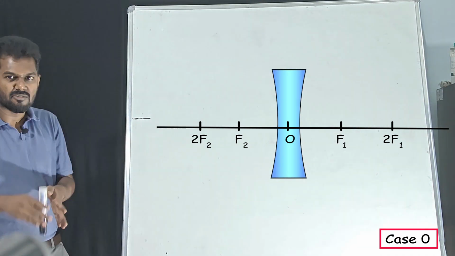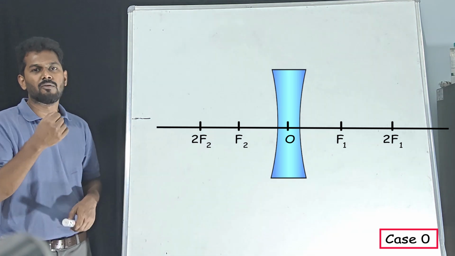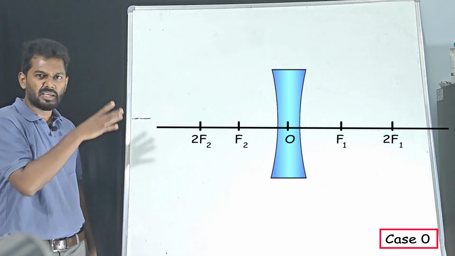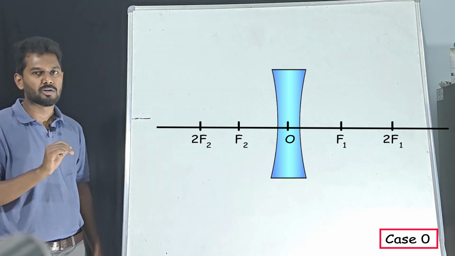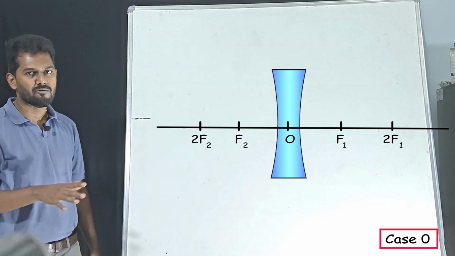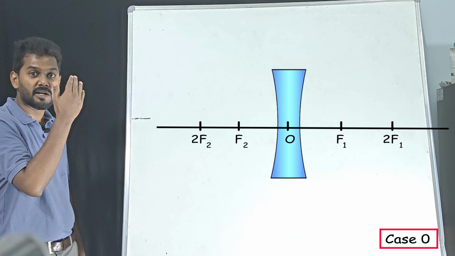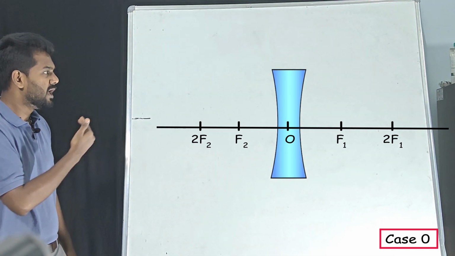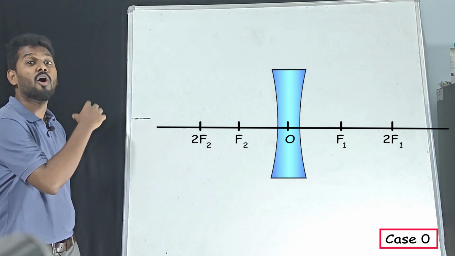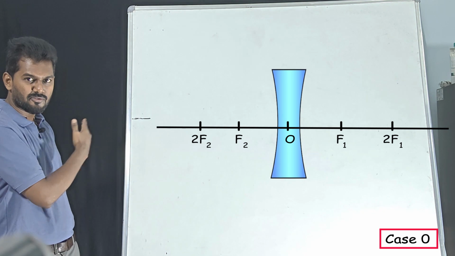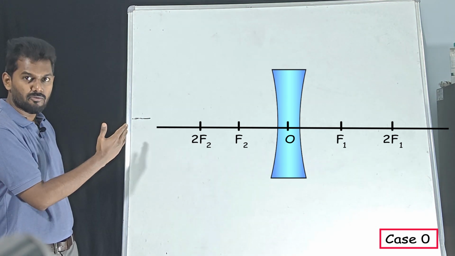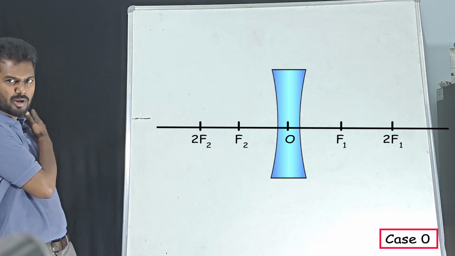If you don't know, in the beginning of this video we have learned the basics of these rays. First you need to understand that, then this will be very easy. Now listen, when we have a concave lens, the difference between concave and convex: on the left hand side, for convex lens we had 2f1, f1, 2f2, like this.